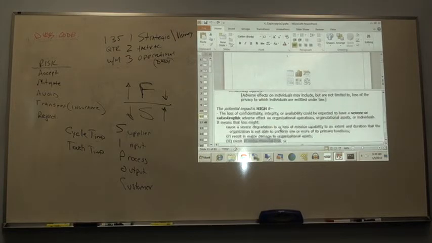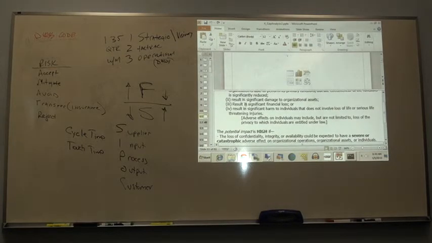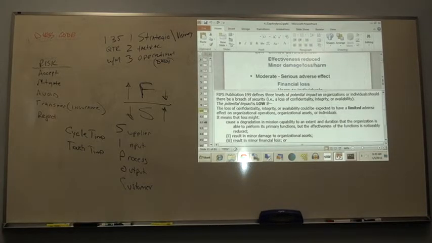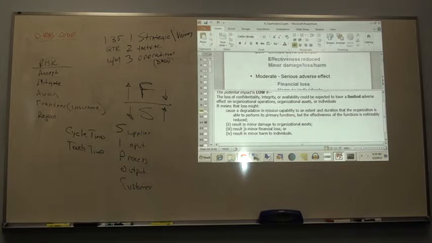Result in major financial loss. Result in significant financial loss. And if we go back to the other one, minor financial loss. See how the words play? You have to pick up on those words because that will give you the tip-off for what the impact rating is. The words change very slightly between the impact levels.